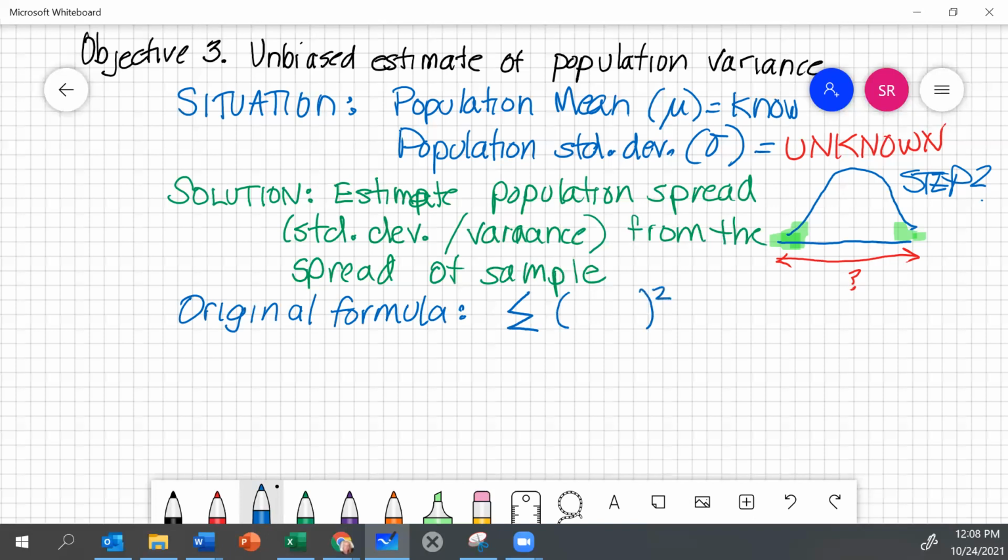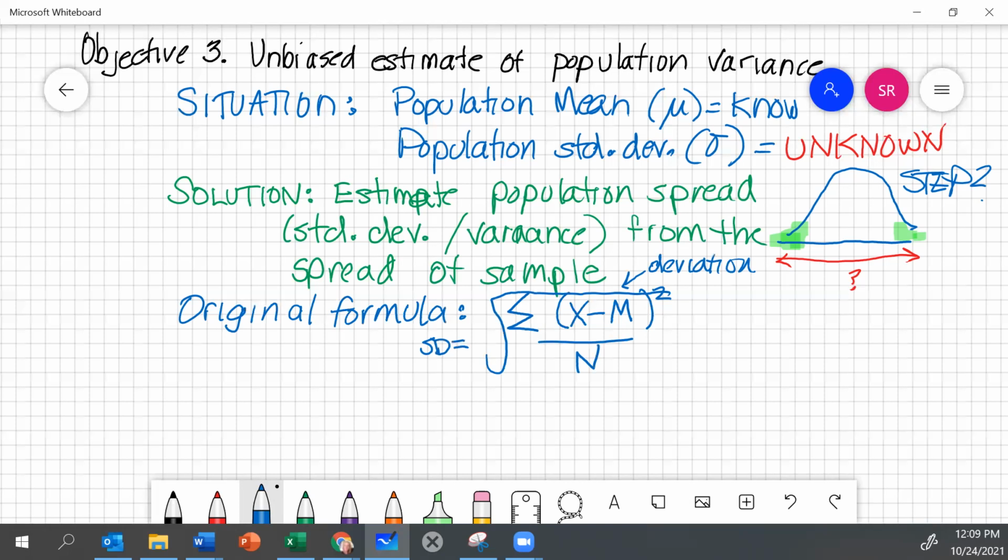And remember, the deviations are just each score, x, minus the mean for that sample. This is what we mean by deviation. And we used to divide by n. So it's like taking the average of all those deviations, and then we would just take the square root of all that to get the standard deviation for the sample.